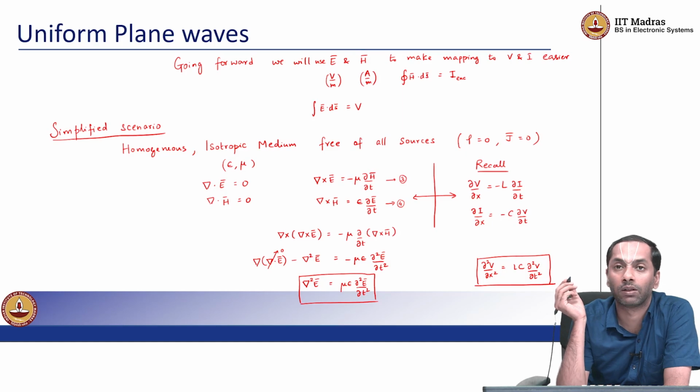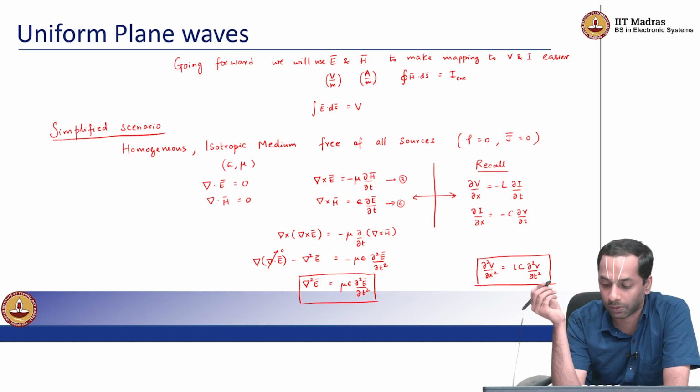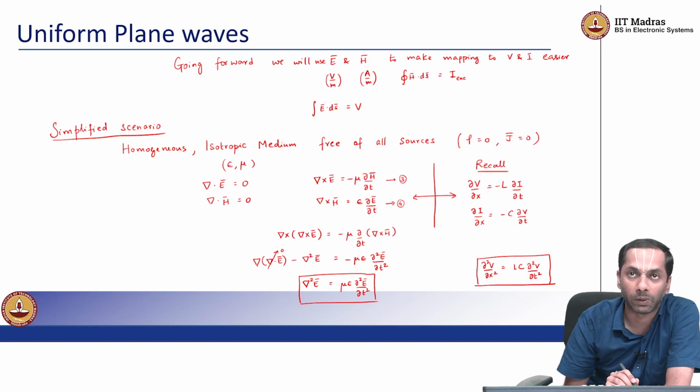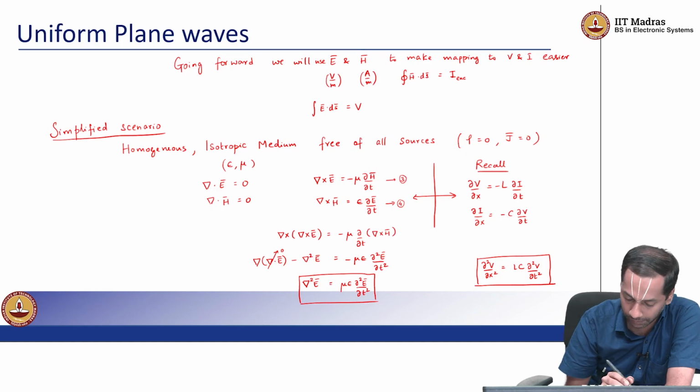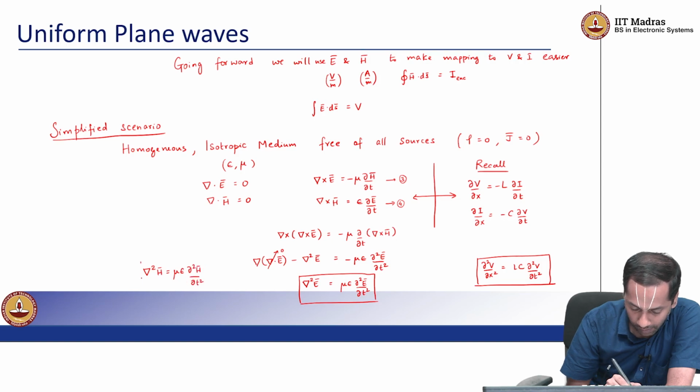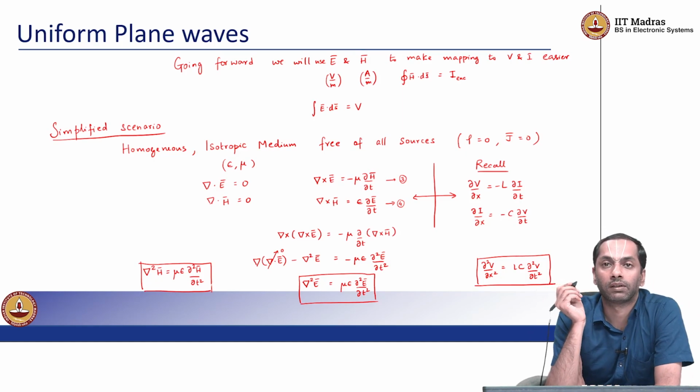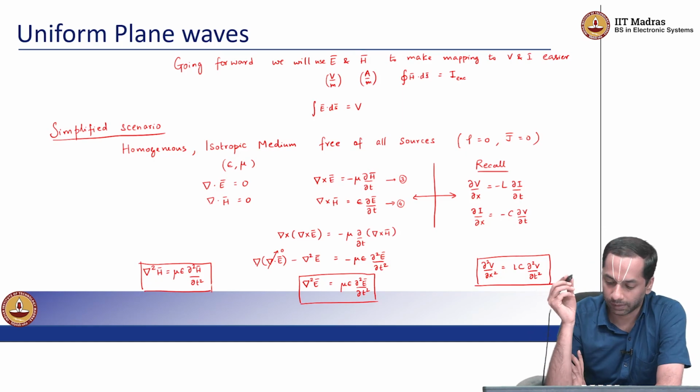So if I took the curl of equation 4 and then substituted curl of E from equation 3, I would have gotten the wave equation for magnetic fields, and that will also have the same form. Right. So both the electric and magnetic fields obey the wave equation, right.